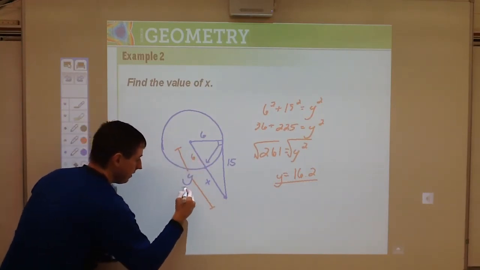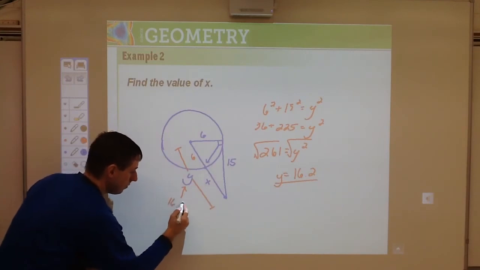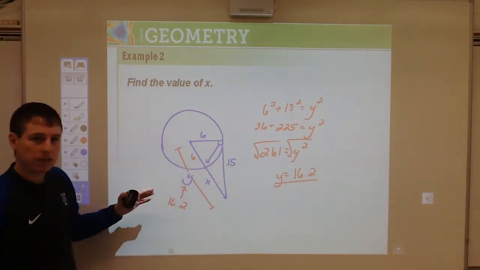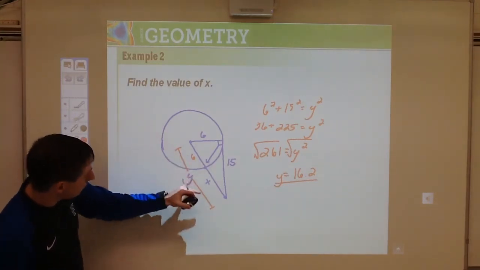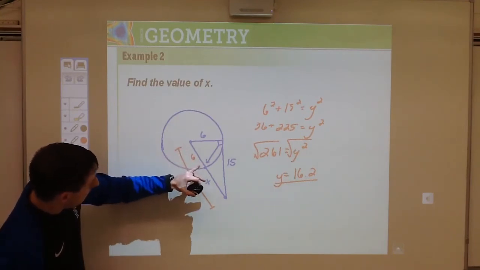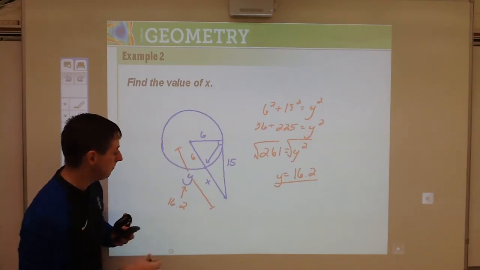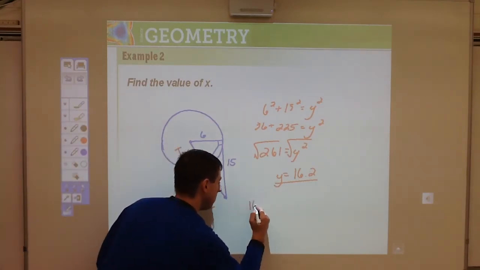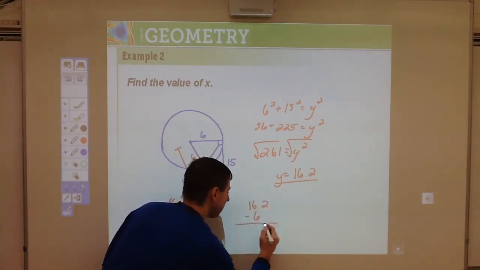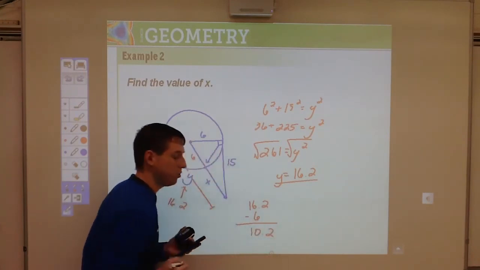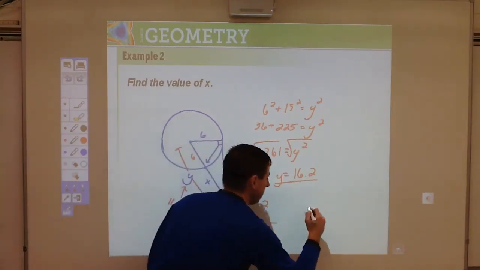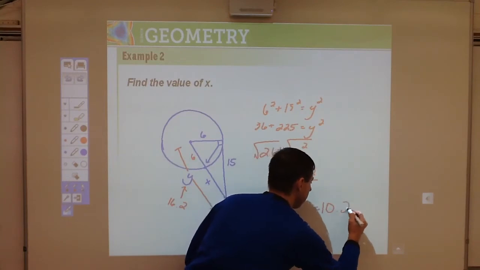I just figured out this is 16.2. Okay, see what to do from here? 16.2 is the whole thing. That part is 6. So to find x, all I have to do is subtract. So do 16.2 minus 6. That's 10.2. So x is going to be 10.2 for our final answer.